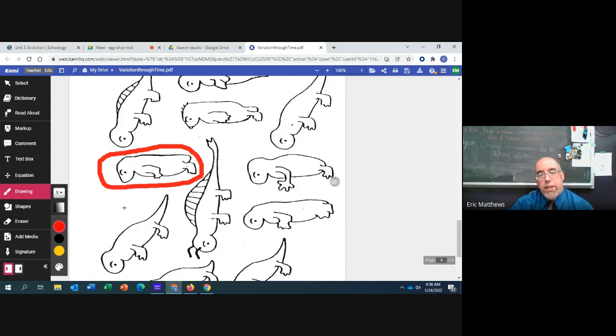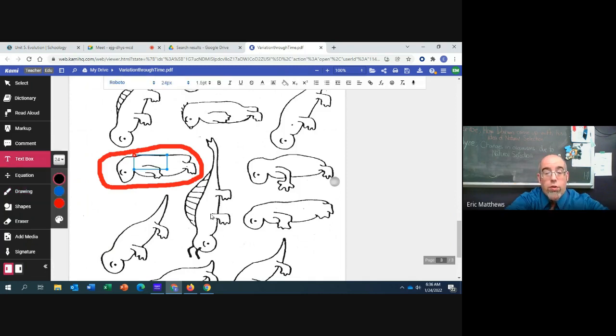On the second page, it looks like this. It has a little bit of what might be a tail, and these little webbed three-fingered hands and feet. It is pretty nondescript, unremarkable. So this is going to be the start point for everyone.